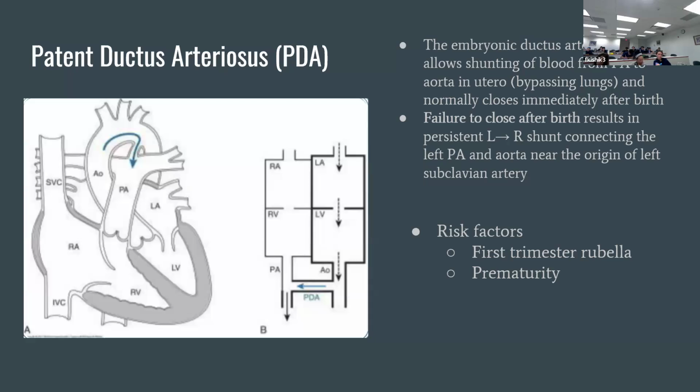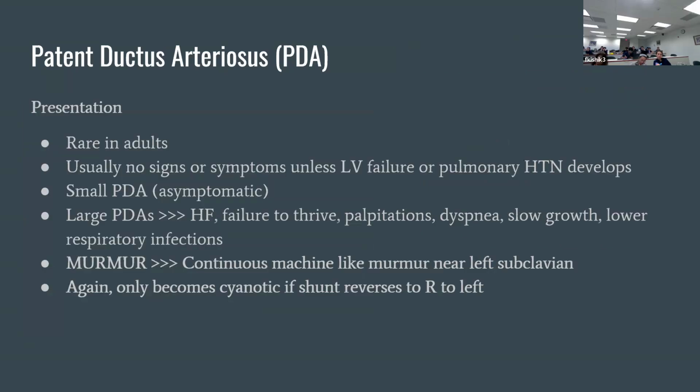Risk factors for this staying open: if the mom has first trimester rubella, or if the baby is born prematurely. The baby comes out sooner than it's fully cooked and ready to come out. So prematurity and first trimester rubella make babies at risk for this.